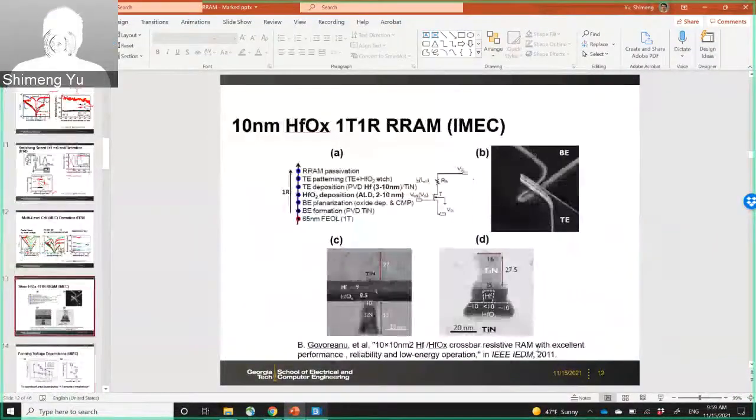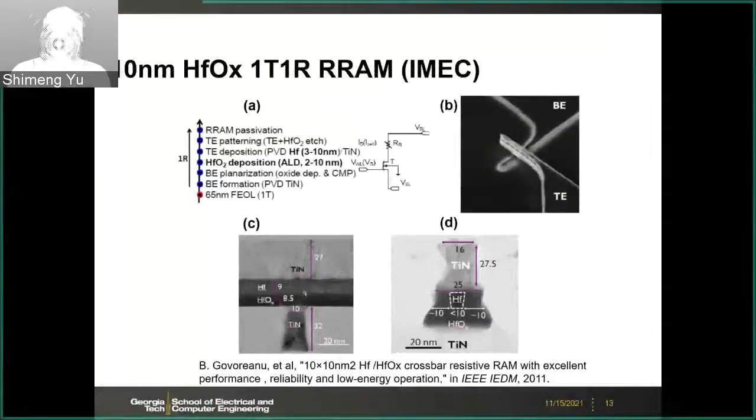Next, we will discuss the device from IMEC. And IMEC is a research institution in Belgium, Europe, and actually is one of the most advanced semiconductor research institutions in the world. Many companies are members of IMEC, like Intel and TSMC, and they also support the IMEC research. In 2011, IMEC reported a 10 nanometer hafnium oxide 1T1R RRAM device.